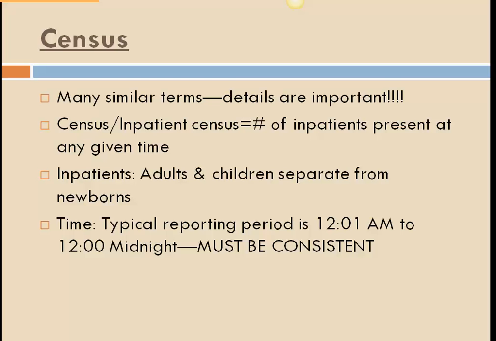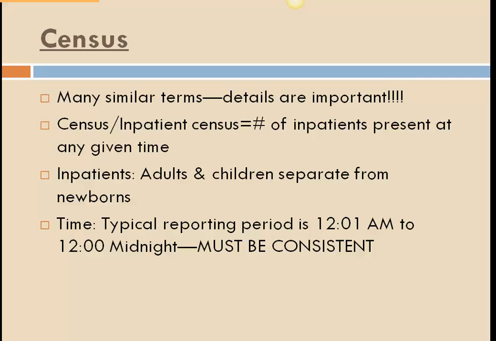But there's nothing saying what time the census has to be taken, as long as the hospital does it consistently every day at the same time. The other thing to remember about inpatients is that oftentimes adults and children are counted separately from newborns. So that's just something else to keep in mind.